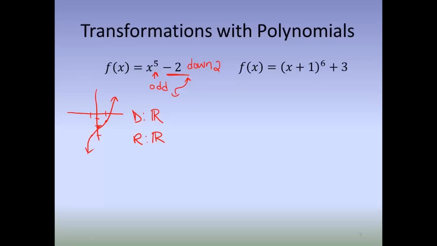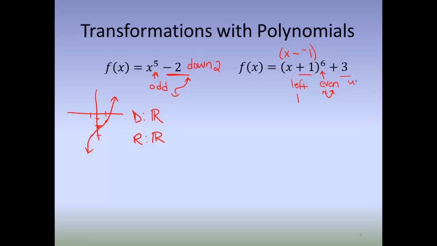For this second one, I'm going to notice that my exponent is even. That means I know I'm going to have a parabola shape. It's moved, the plus 1 means it's going to be moved left 1, because this is written x minus -1, and so my h value is negative.